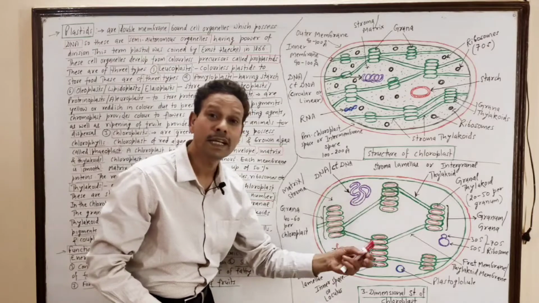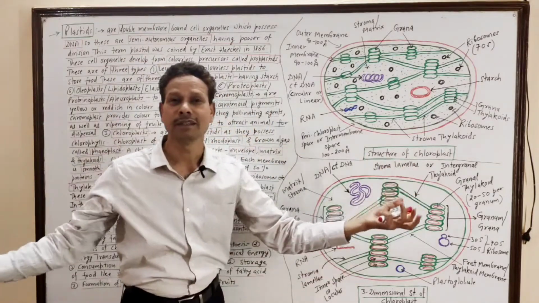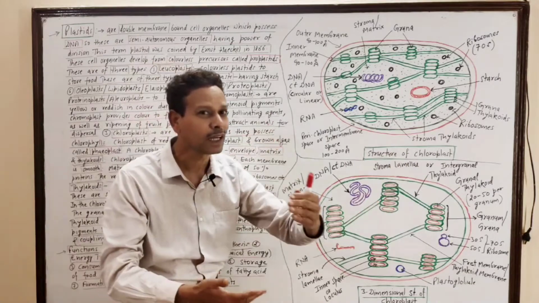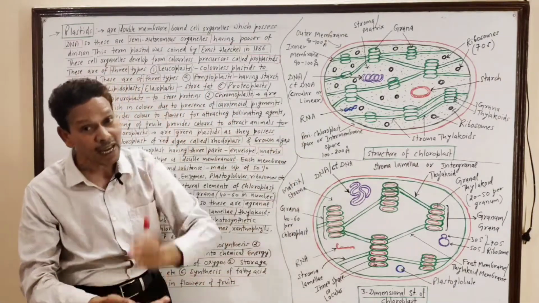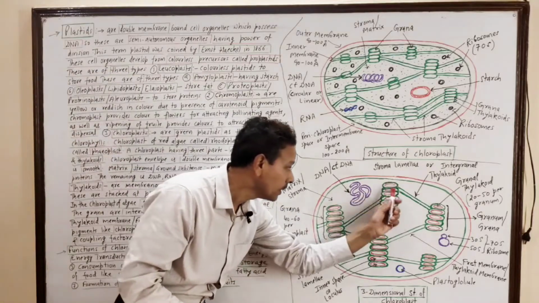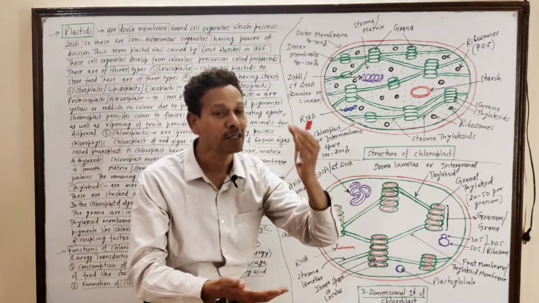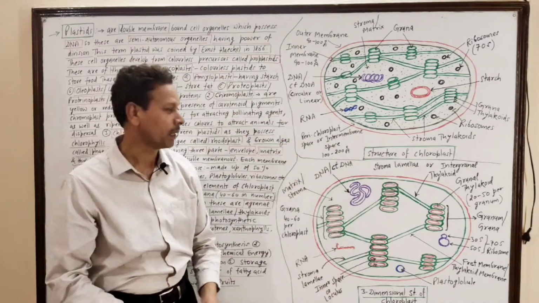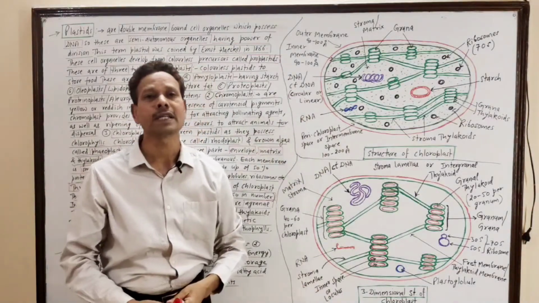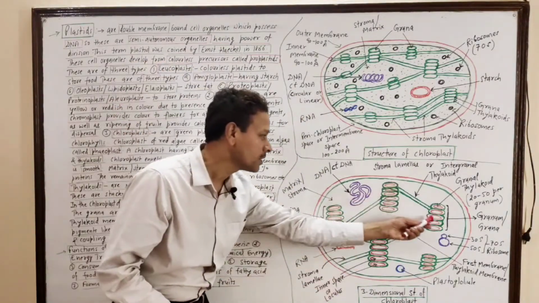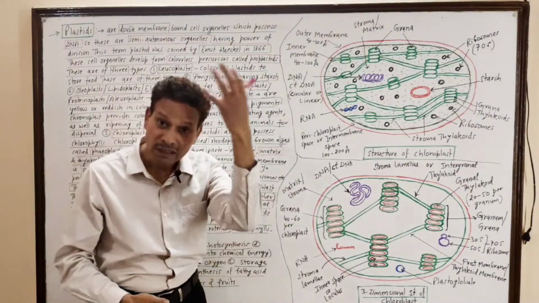Here note down, in case of algae, these grana are absent. So the chloroplast of algae or the chloroplast of bundle sheath cells, without these units, without these grana, such a chloroplast is agranal. But in photosynthetic plants, in all mesophyll cells, the chloroplast has well developed grana.